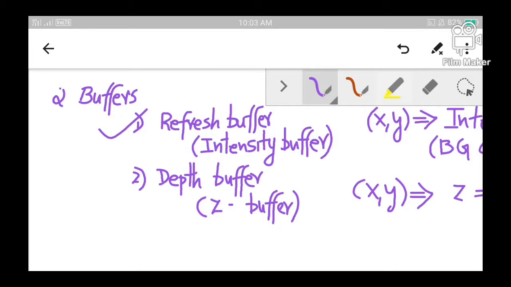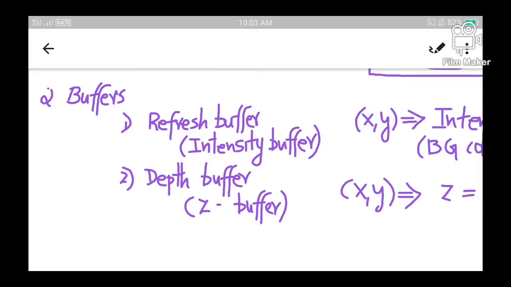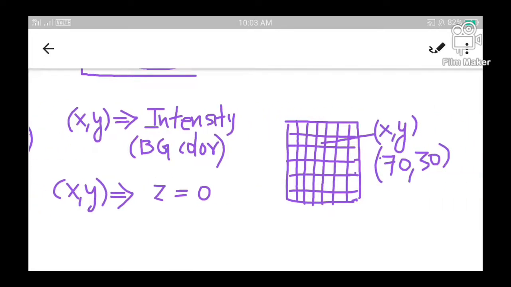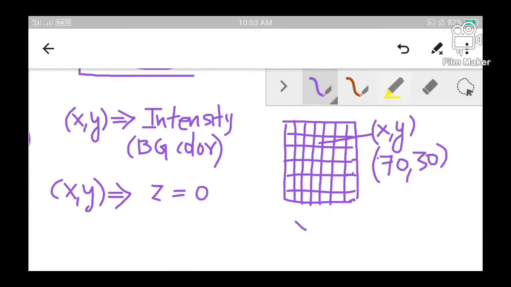Now what is this buffer, or why is this used? Intensity buffer or refresh buffer can be used to store the intensity values for each pixel in the screen. We know that our screen is divided into number of rows and columns.